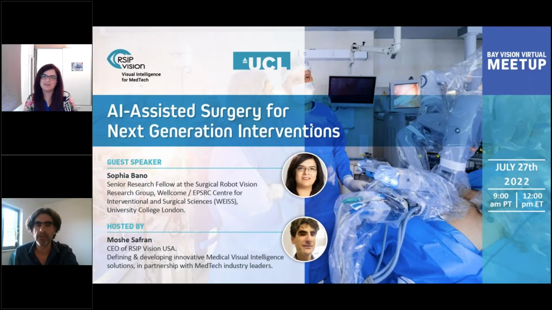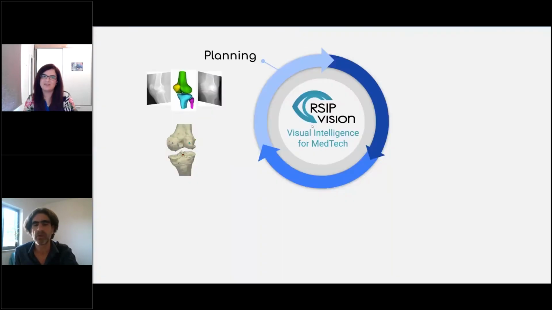A bit about our company. We're RSIP Vision. We create visual intelligence software for medtech, focusing mainly on medical devices, on interventional and surgical use cases. We work across the spectrum of applications for surgeries and procedures. From the pre-op stage planning, for instance, using X-rays and using AI to do 3D planning of orthopedic surgery.